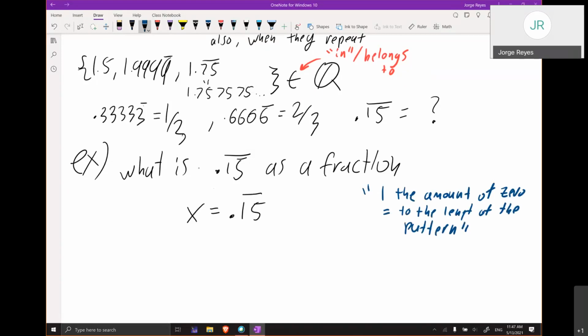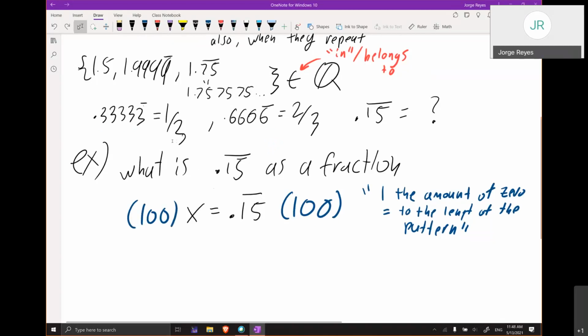Here it's 1, 5, 1, 5, 1, 5, so my pattern has length 2. So I'm going to multiply both sides by 100. If my pattern was 3 numbers, I would multiply by 1,000. If my pattern is just 1 number, I would multiply by 10.